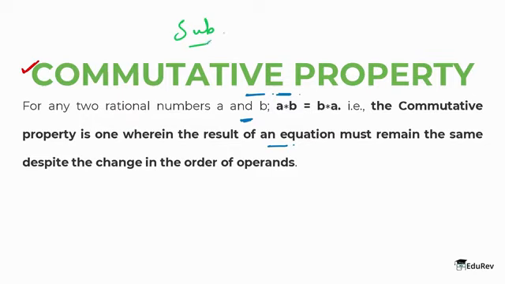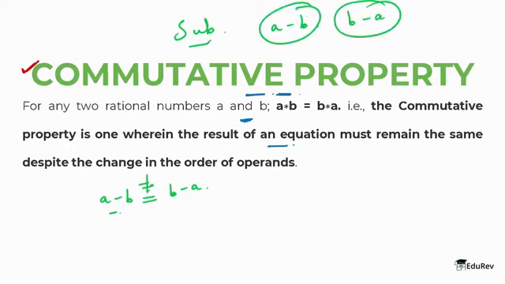Whenever I talk about subtraction, suppose I subtract a from b. This may or may not be equal to b minus a. Now the point is that if I subtract any number from b, like b minus a and a minus b, the chances are that in most cases these won't be equal to one another. Okay, let's take an example. If I take 2 by 3 and 4 by 3 and I subtract both of them.